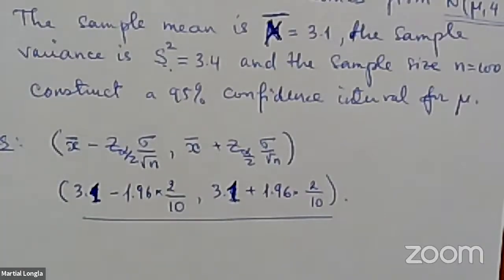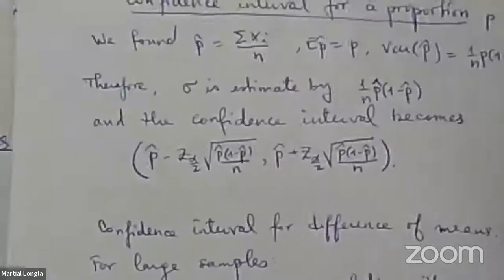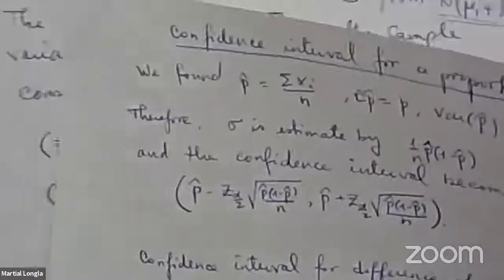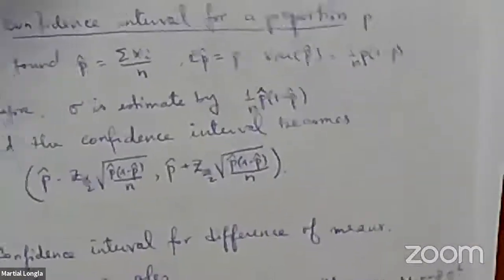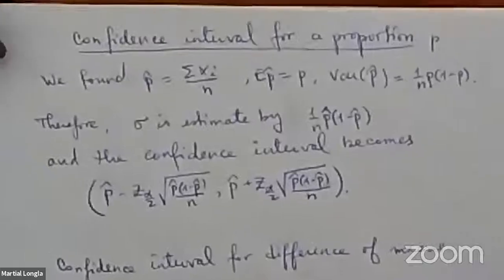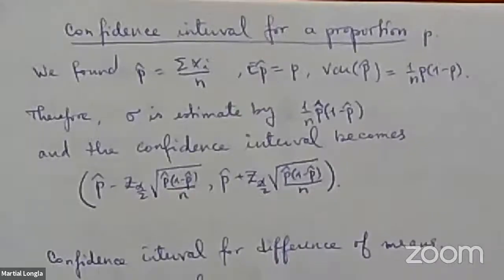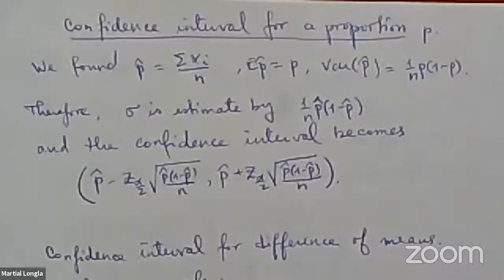All right, if we have no more questions, then let's look at this one, which is a little similar. The confidence interval for the proportion is going to be found the same way as the previous one.